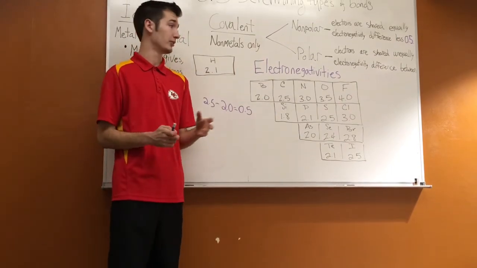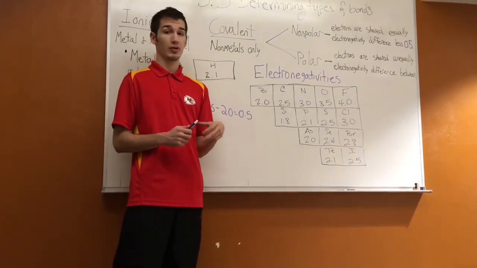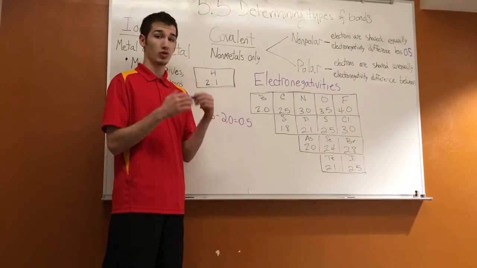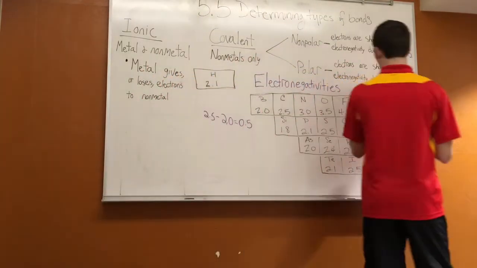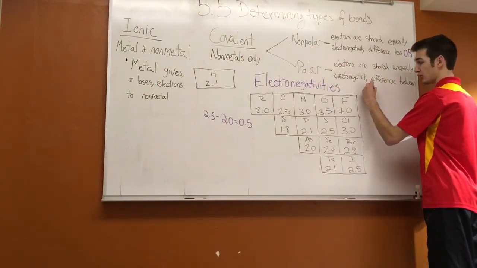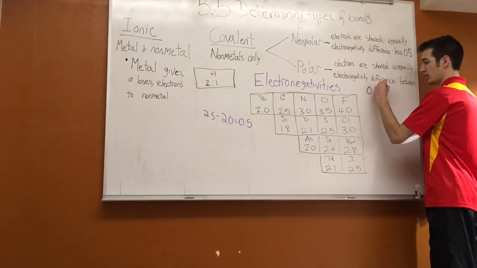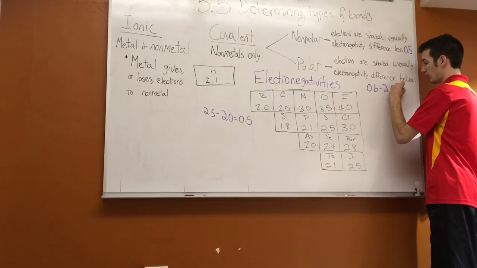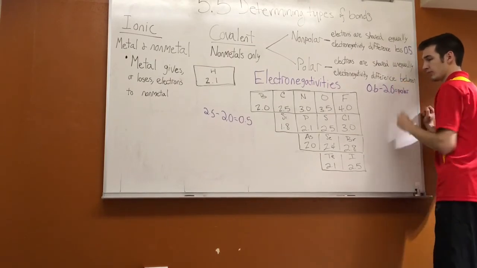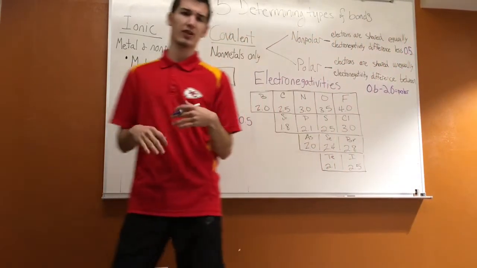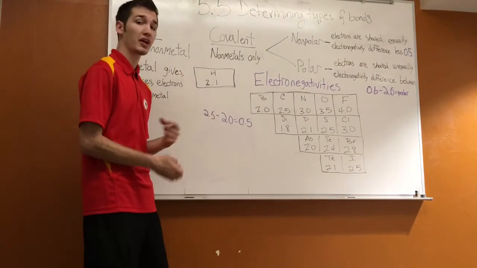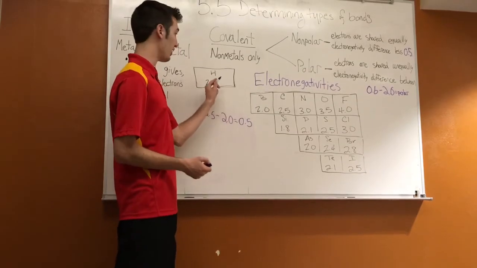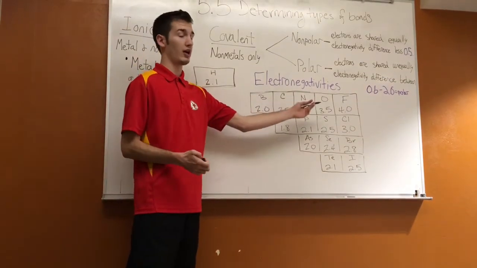How do you decide if it's polar? Anything above 0.5, so between 0.6 and 2.0, is going to be a polar bond. If you subtract the numbers and get between 0.6 and 2.0, that's polar. You might have heard that water is polar before. Water is H2O, so 2 hydrogens and an oxygen.